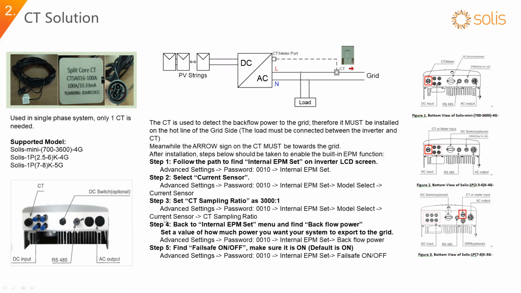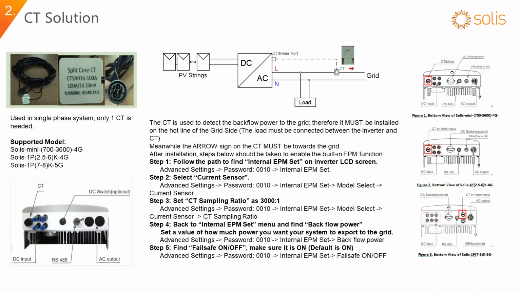And then the next step is very important, that you need to define the backflow power. This value means how much power you want to export to the grid. For example, if you want a zero feed-in solution, you just set it as 0 watt, then your system will not export any power into the grid.